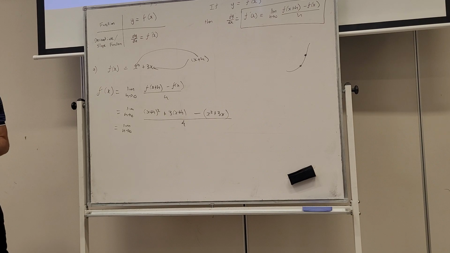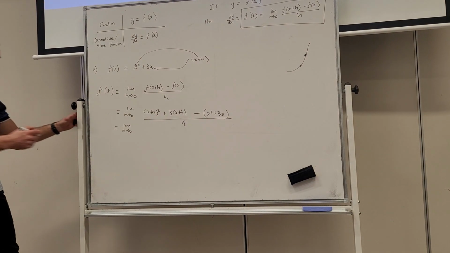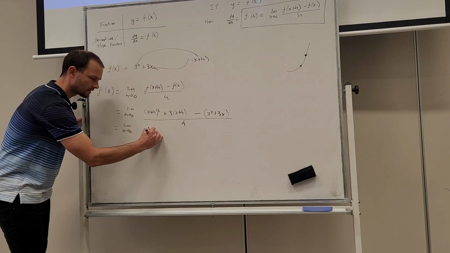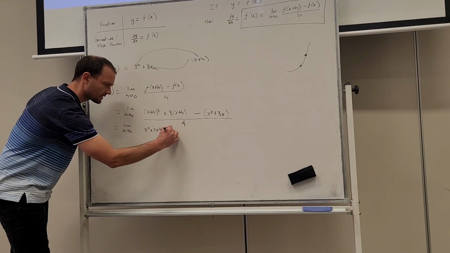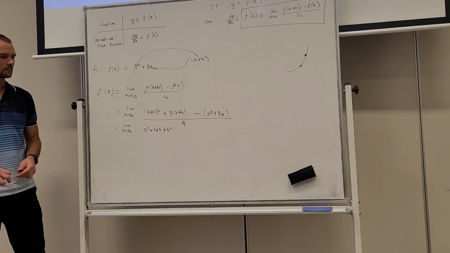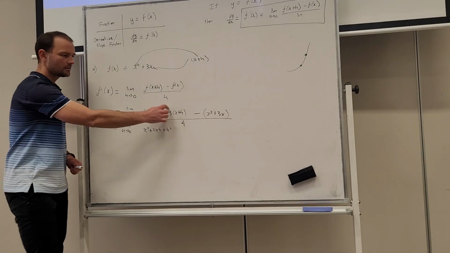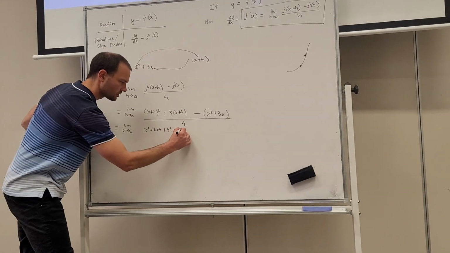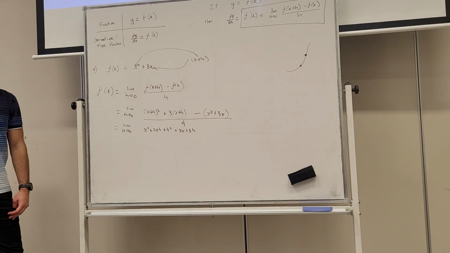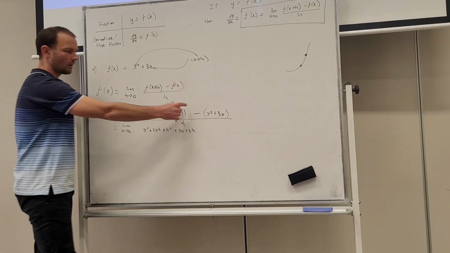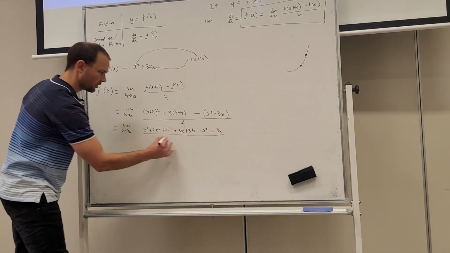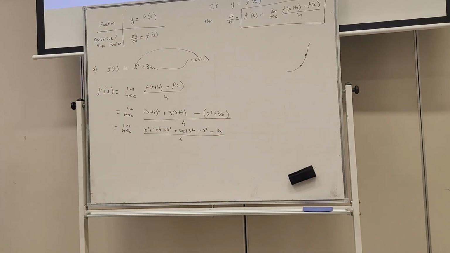All right, and I'll do it in, I think, one step. Hopefully we're pretty comfortable with the perfect square expansion. This one is a perfect square, x squared plus 2xh plus h squared. This one is going to become 3x plus 3h. And then we have take away x squared and take away 3x, all on top of h.